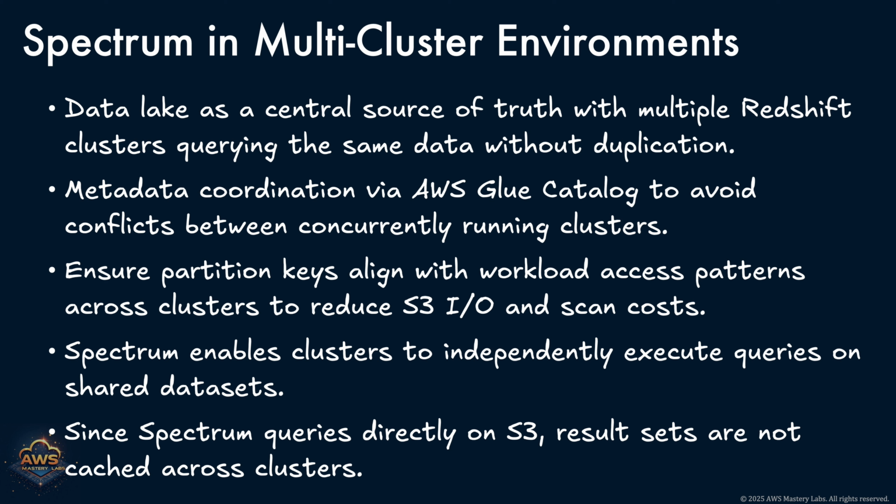With Spectrum, your data lake becomes a central source of truth. Multiple Redshift clusters can query the same S3 datasets directly, eliminating the need for data copying, reducing the risk of data staleness, and ensuring consistency and governance across all environments. This approach not only streamlines operations, but also drives significant cost efficiencies.